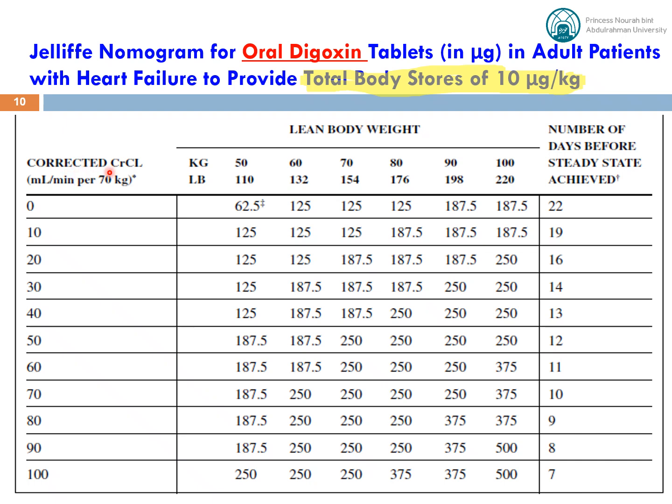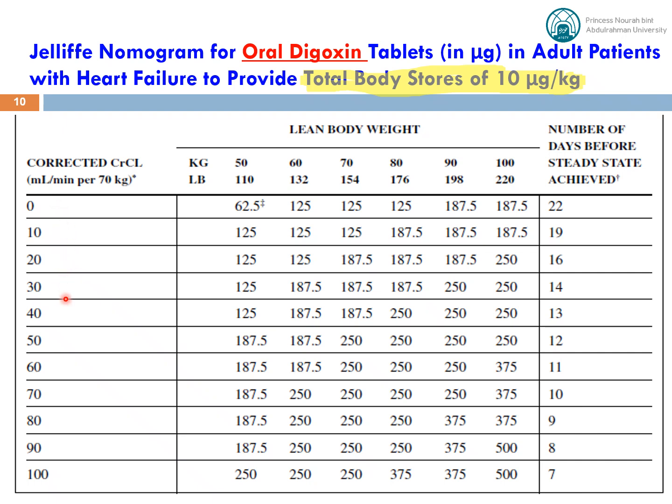Now this is the corrected creatinine clearance for that patient as milliliter per minute per 70 kilograms body weight of that patient, okay, as milliliters per minute. If the patient has 0 milliliters per minute corrected creatinine clearance, the patient does have renal dysfunctionality, which is severe.